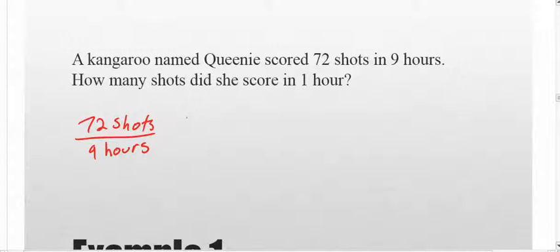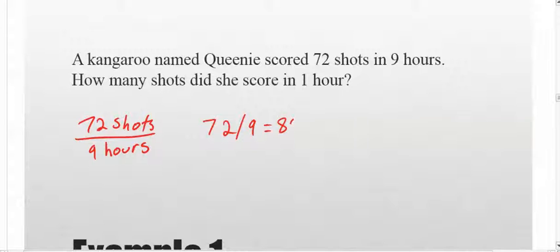Okay, so you do 72 divided by 9 equals, so figure that out. Okay, considering how you're probably using a calculator, I'll just put it in. So that's 8. And then, so that's 8 shots per hour.